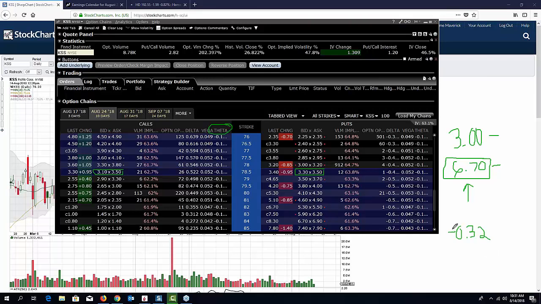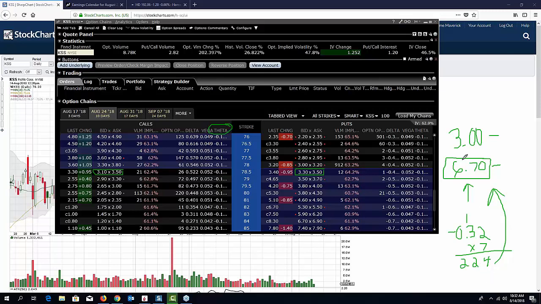If we fast forward a week, it's 32 cents times 7. So that puts us at $2.24 less than current prices. You may have a little bit of a tick up in some volatility and some other things, but we can make an educated guess that maybe there's about $2.24 of decay.